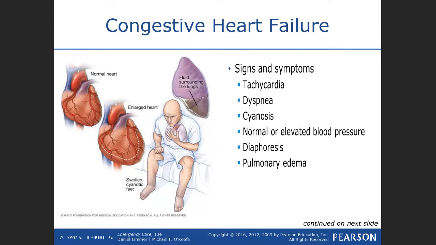If you constantly drive your car in low gear, you're going to wear out the engine and the transmission. So as the heart starts getting weaker and weaker, it has to work harder or do more to get the job done. So it's got to beat faster to compensate, to put out cardiac output, but ultimately it's going to have a hard time catching up.